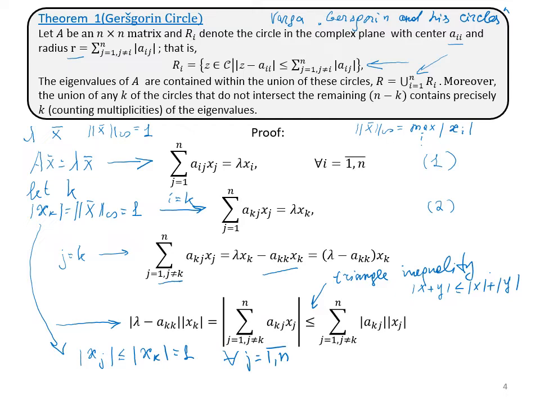So now we can replace this with |x_k| and with 1, and the inequality still holds.